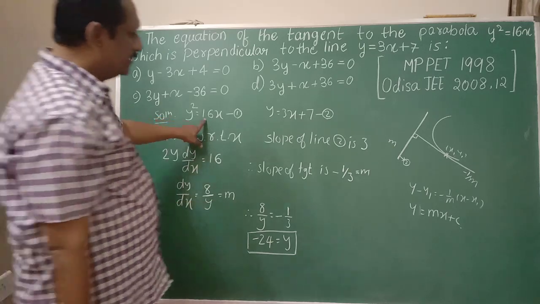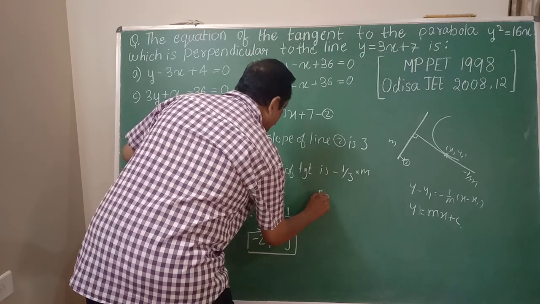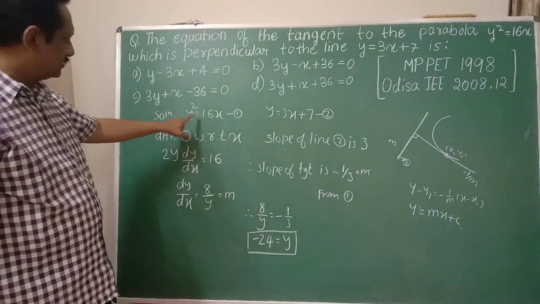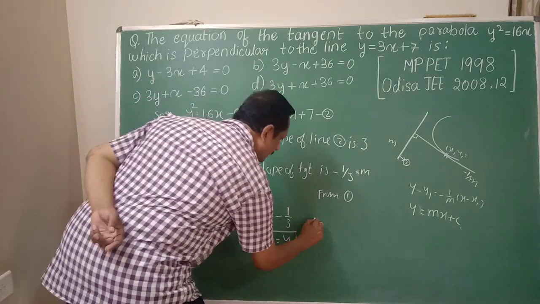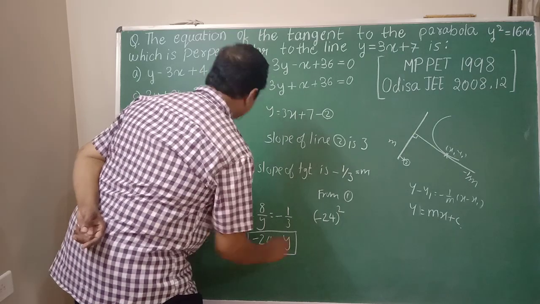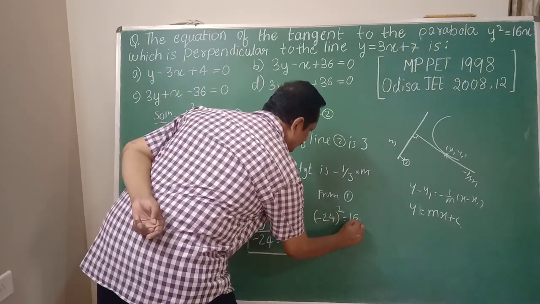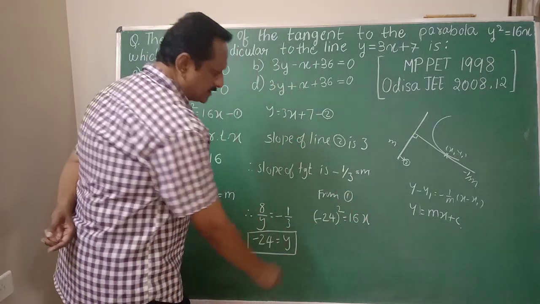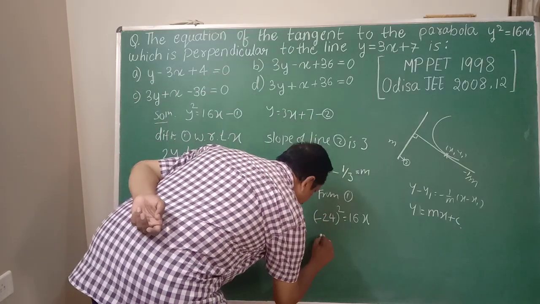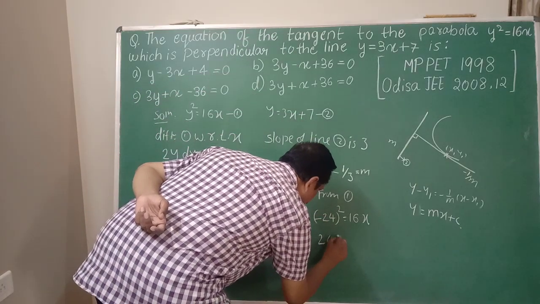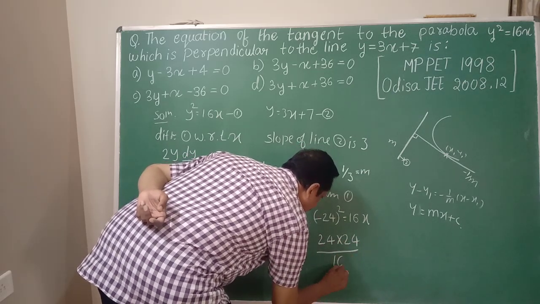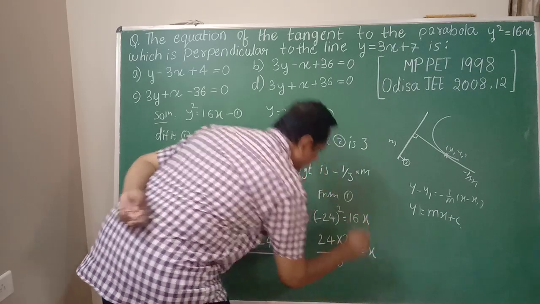So from equation 1, substitute minus 24 squared is equal to 16 into x. Since it is a square, minus becomes a plus, so 24 into 24 divided by 16 is equal to x.